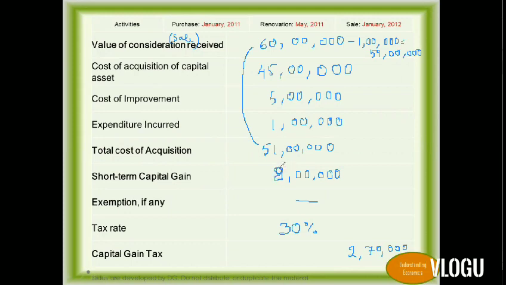So when we are considering the brokerage from both sides, the brokerage is considered on the side of selling as well as on the side of purchasing the asset. So it will be 8 lakh rupees.